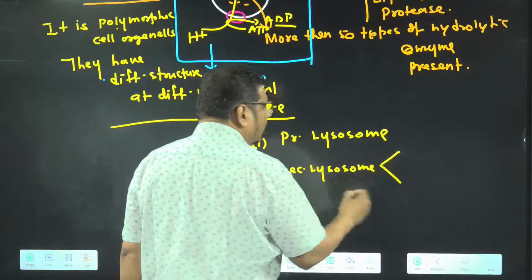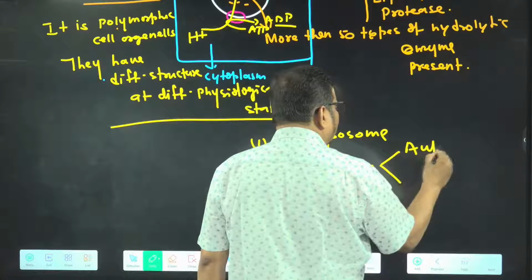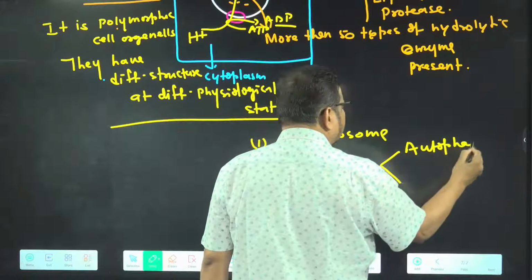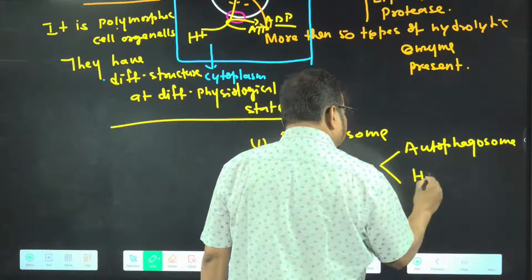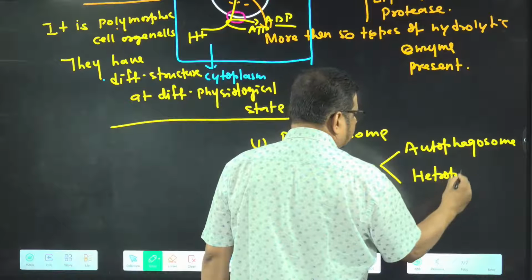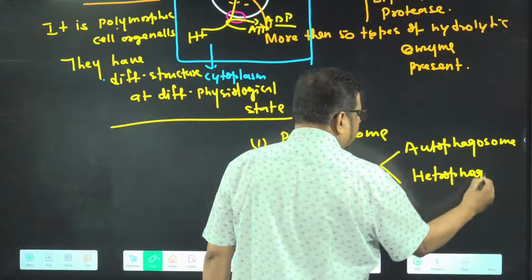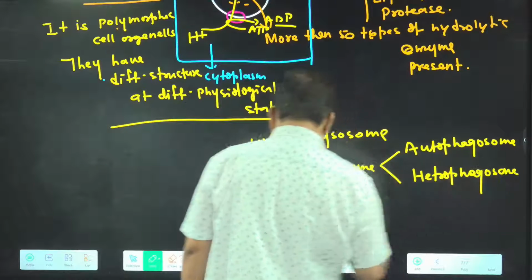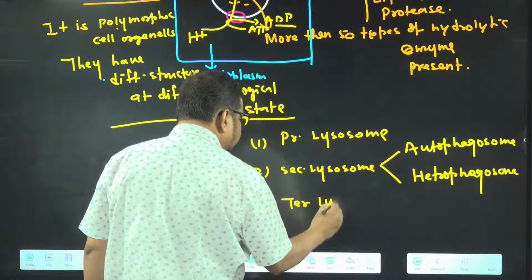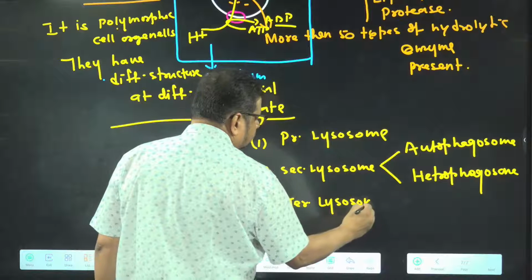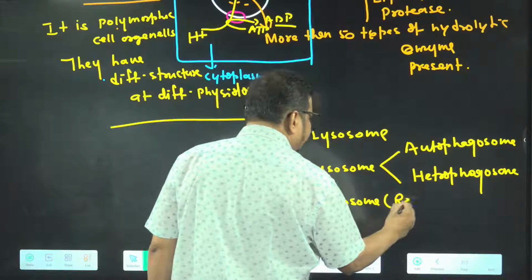It is of two types: autophagosome and heterophagosome. Third is tertiary lysosome. It is also called residual body.